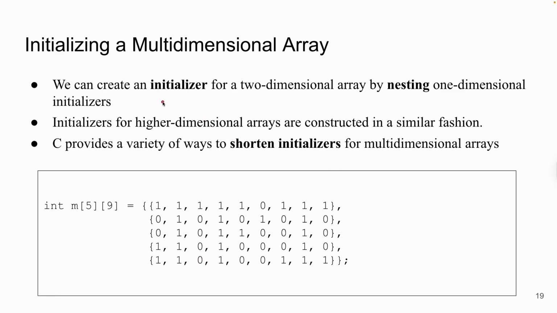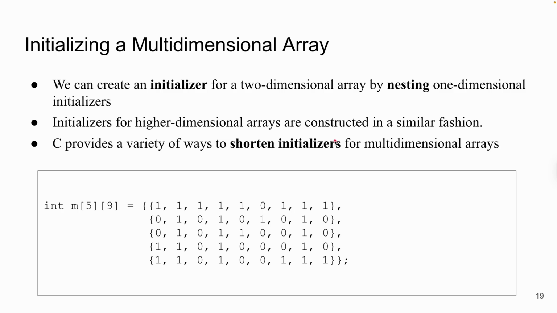You can see the initializer of the 2D array is the combination of one-dimensional arrays, right? Because each row in the 2D array is a one-dimensional array. So we just write down multiple 1D arrays to initialize the 2D array. And the initializers for higher dimensional arrays, like 3D arrays and 4D arrays, are constructed in the same way.